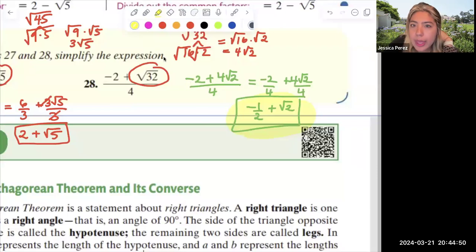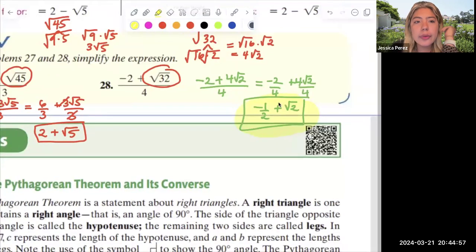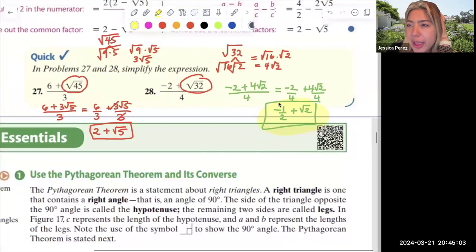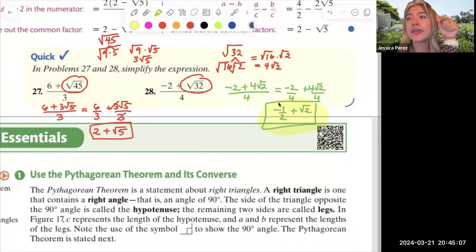Thank you, Michael. Yeah, so the 2 and the 16. Any questions on this one? That was R6, so we finished R6. So that was simplifying radicals and evaluating radicals.